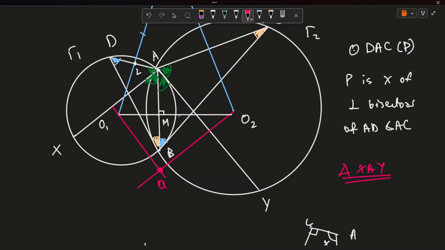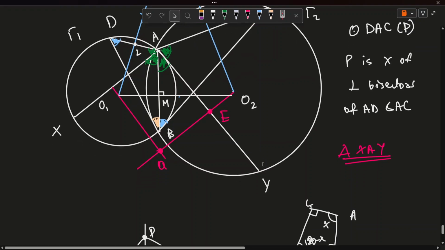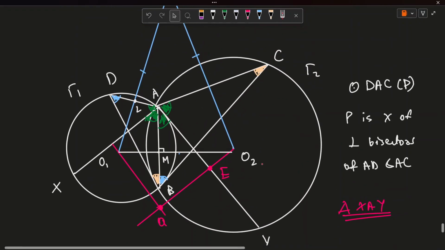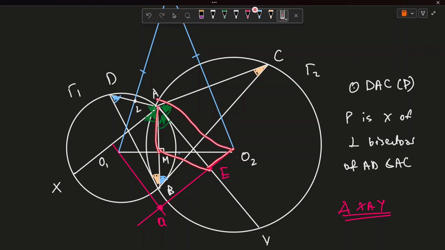Suppose we name this point E. So notice the quadrilateral which I am drawing here. If we notice this quadrilateral, we can see that this angle here is 90 and this angle here is 90. So this implies that this is a cyclic quadrilateral, and we can directly say that this angle here is also equal to the green angle.